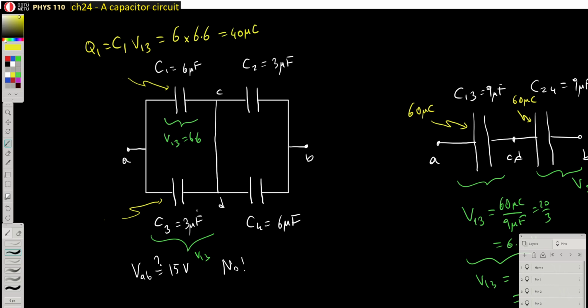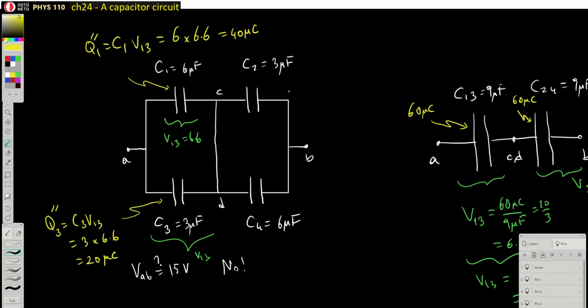Okay, so for this one, the charge, that's the new value of the charge. So let me put double prime in here. I think that's better. In any case, the charge in here would be C3 times V13. So that's 3 times 6.6, which is going to be 20 microcoulombs.